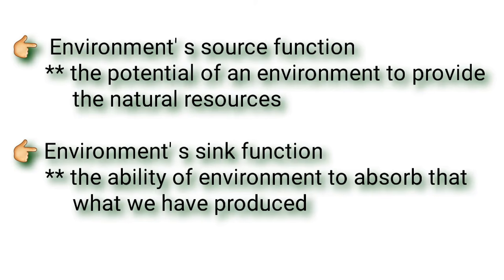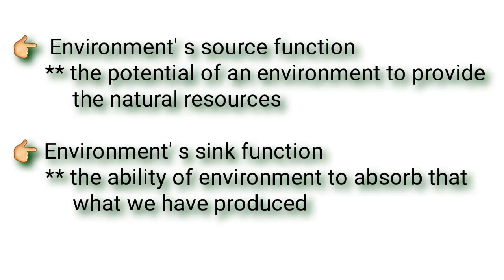And then what is the sink function? That means the ability of the environment to absorb what we have produced, like pollution and waste products. Waste product means garbage, wastage. Ability means capacity or strength or energy.